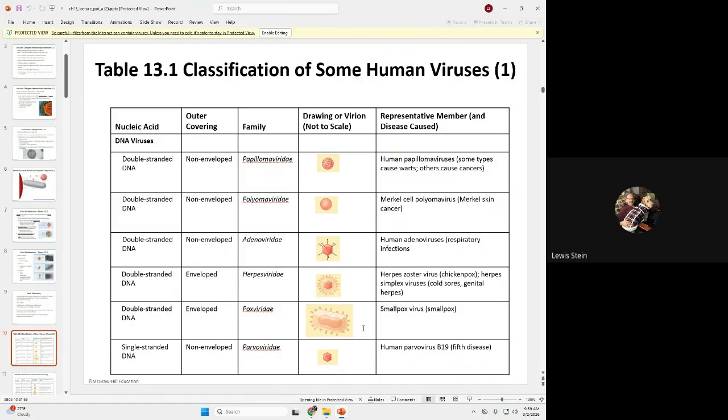Kaposi sarcoma appeared in the medical literature in the 1800s. This particular kind of cancer looks like a skin cancer but really involves blood vessels. That's as much as I can give you about that now.